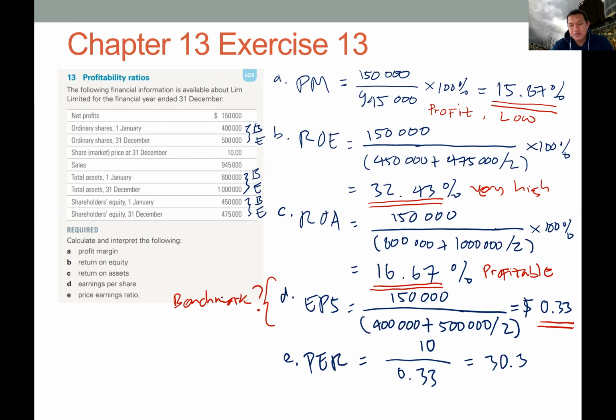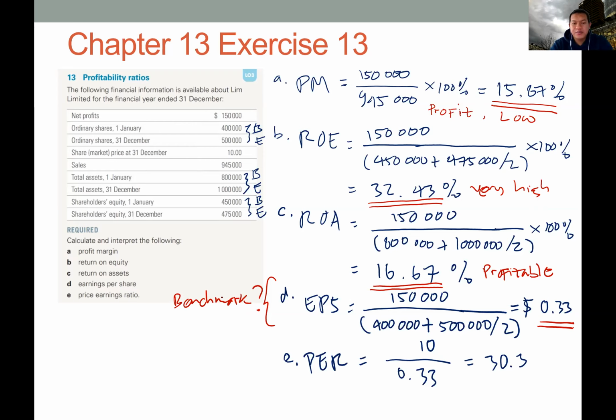But actually this is still okay because the company is still able to distribute a profit for each share, even though it's less than $1 per share.